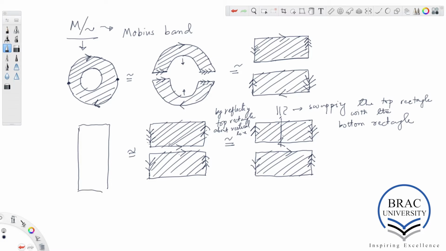Okay, and this edge is going to be identified with this edge, and this edge is going to be identified.